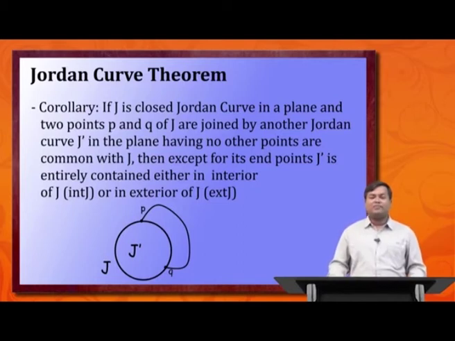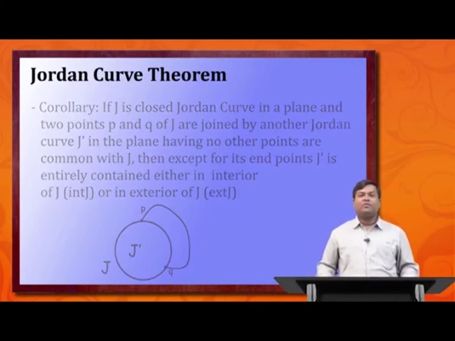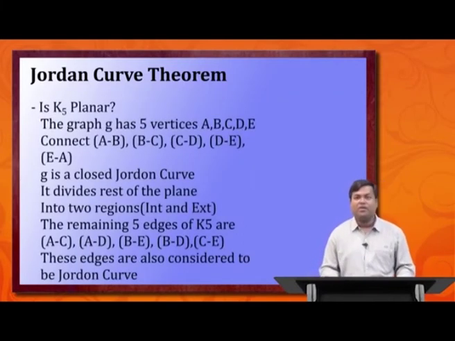Now based on this Jordan curve theorem and corollary, we will prove whether K5 is planar or not. K5 is basically a complete graph of 5 different vertices.